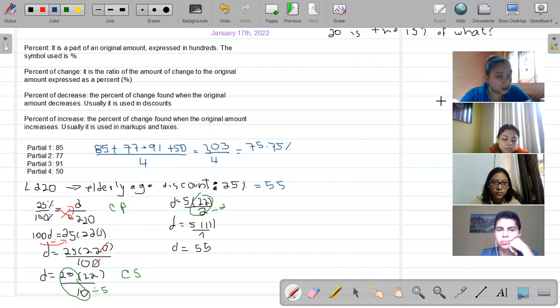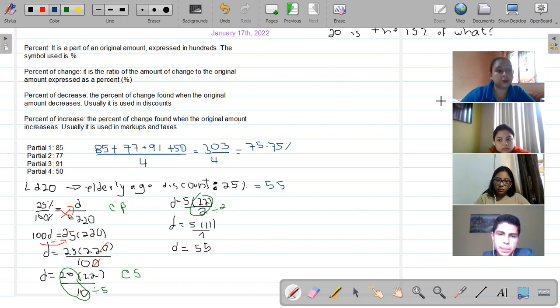Questions about the proportion and the use of the rule of 3, cross product, cross simplification? Okie dokie. Let's find another exercise. Second exercise up there at the top of the screen says 20 is the 15% of what? Okay, so what are you going to do? Let's use blue.